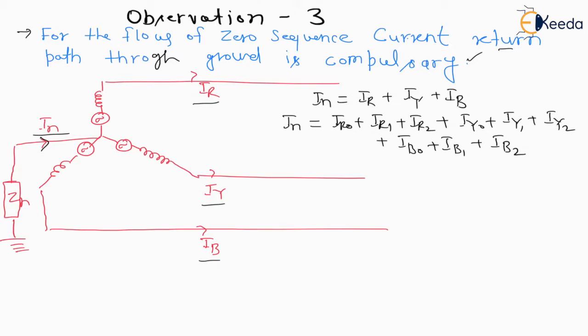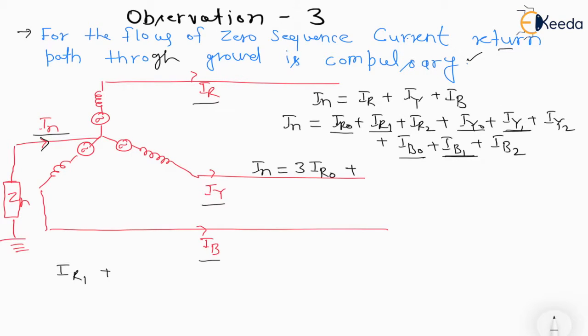So we can also write the value of IN is equal to these three, IR naught, IY naught, IB naught. We know that IR naught is equal to IY naught is equal to IB naught. So we can write that 3 into IR naught. We have discussed plus IR1, IY1, plus IB1. So this value will be 0.